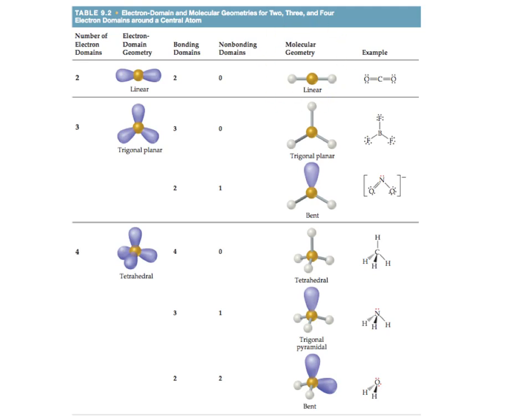So you count up all the electron domains, but you must also consider the types of domains that you have. In this case, the carbon is surrounded by 2 electron domains, both of which are bonding domains. There are no non-bonding domains, so that gives us a linear geometry. And a linear geometry is going to give us a bond angle of 180 degrees.